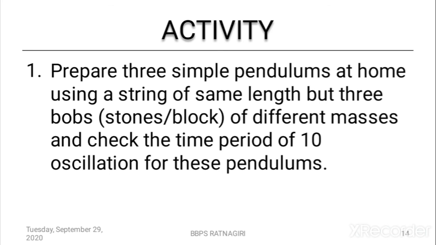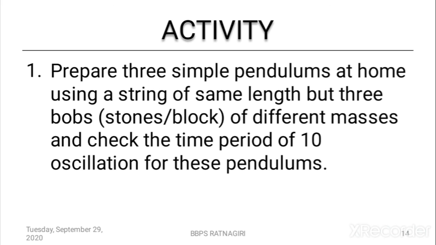Then you can hold it in your hand and start the stopwatch. In all mobiles you will find this stopwatch. You have to start from point A, let the bob move to the other end and come back to A. That becomes your one oscillation. In this way you have to count 10 oscillations.